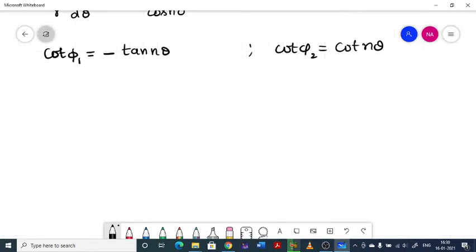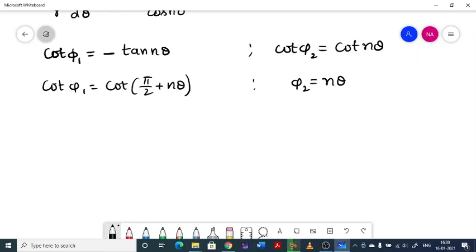Now by using the properties of cot and tan, I can write this one as cot phi 1 equal to cot of pi by 2 plus n theta. And here comparing angles on both sides, phi 2 equal to n theta, and similarly here phi 1 equal to pi by 2 plus n theta.